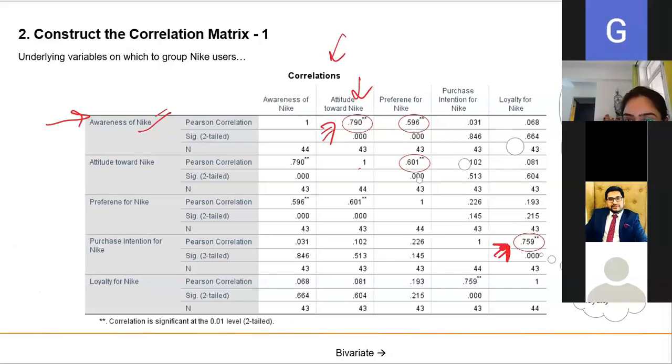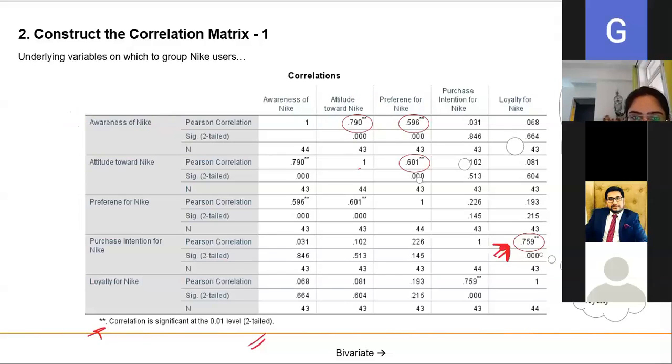Yes, this one. The significance test is also 0.00. And the third highest is 0.60, attitude towards Nike and preference. Also see these stars. They also indicate whether it is significant or not. Either way you can do it: you can check whether it is less than 0.01, or otherwise you can see these stars. If they are there, it is significant.